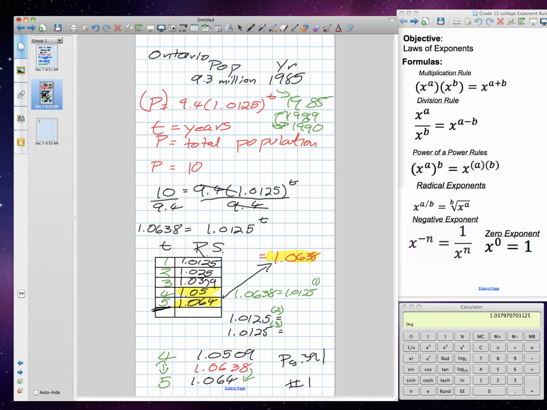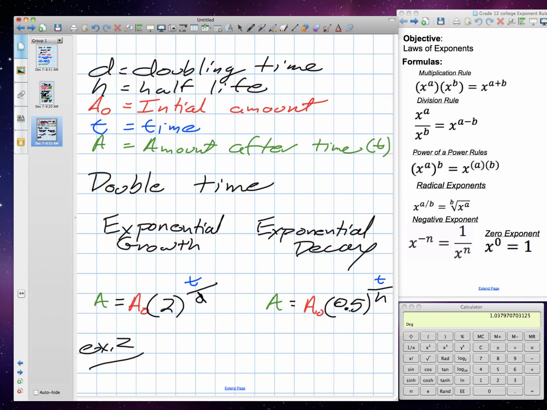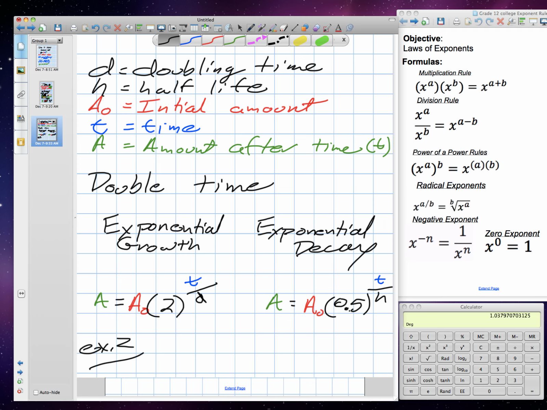Example 2. Caffeine has a half-life of approximately 5 hours. Okay? Anytime we're doing a word problem, make sure you write down whatever information they're going to give you.